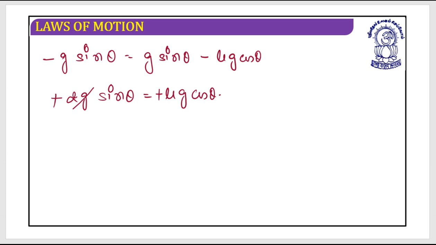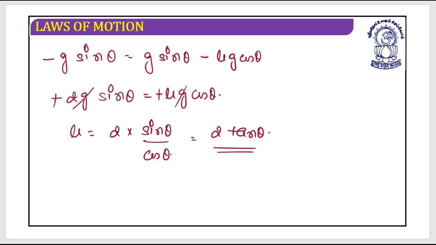This G and this G get cancelled. So this mu should be 2 into sine theta divided by cos theta, and sine theta by cos theta can be written as tan theta. So this is equal to 2 tan theta. This should be the mu.